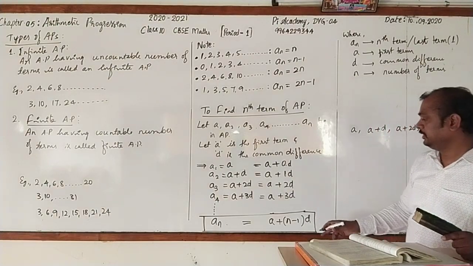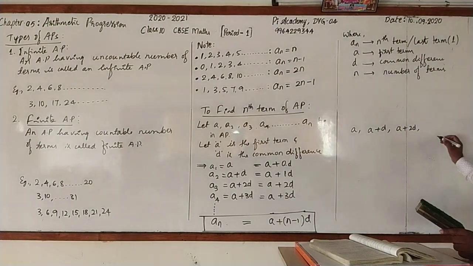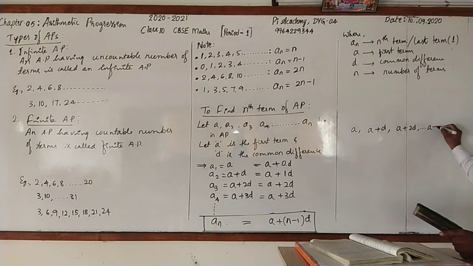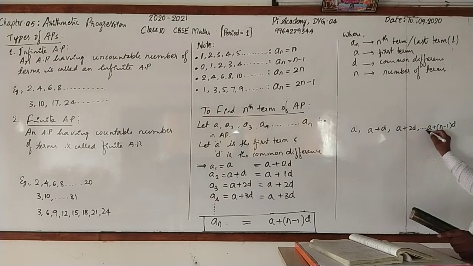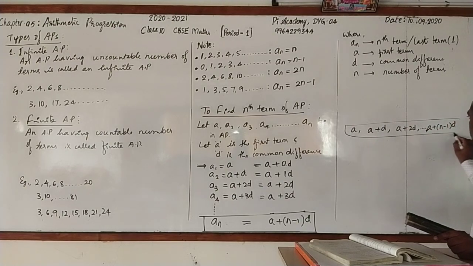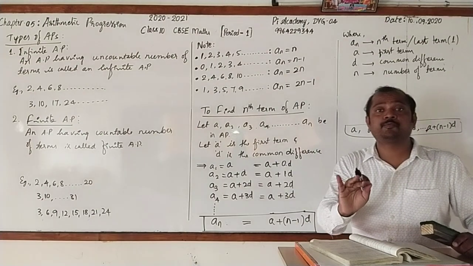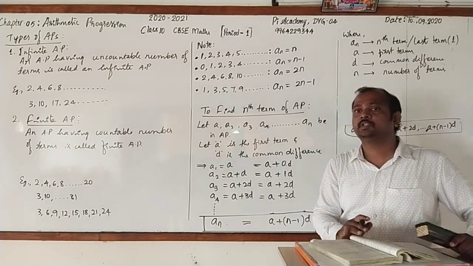19D. If it is the nth term, we can write it as A plus of N minus 1 into D. This is called the general form or standard form of AP.